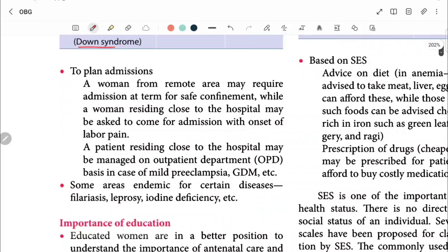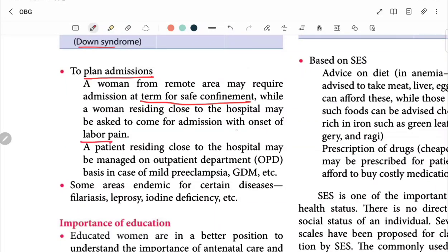So how do you plan admissions? A woman from a remote area may require admission at term for safe confinement, while a woman residing close to the hospital may be asked to come for admission with onset of labor pain.